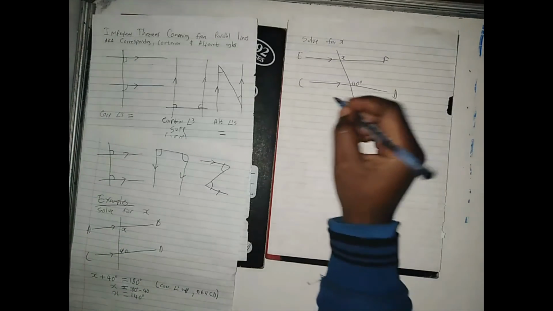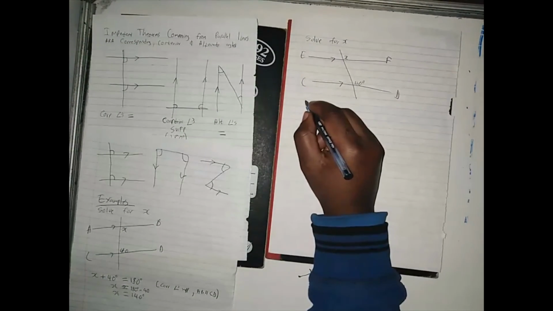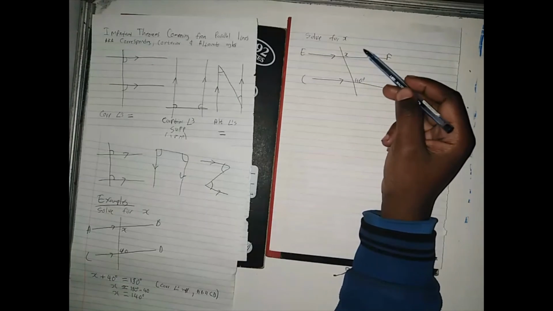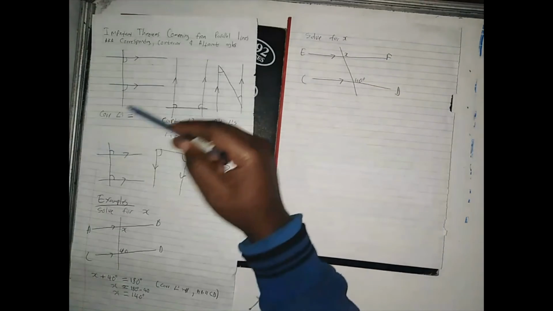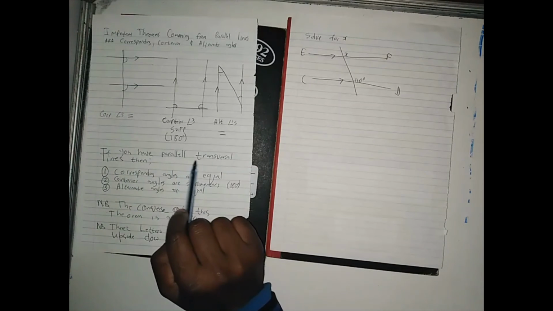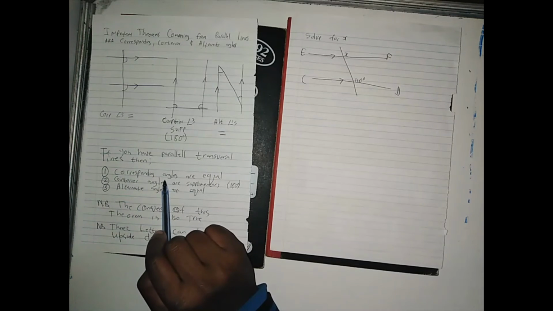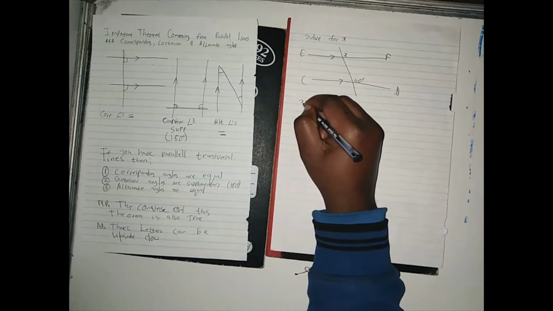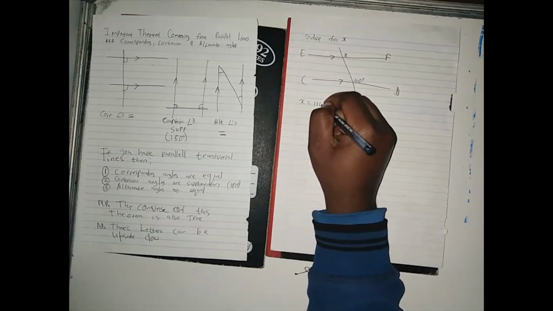So now we are actually met with such a case where this letter is upside down. Because of that, we'll say, okay, now we're going to use corresponding angles. Now what does our theorem say about corresponding angles? It says if you have parallel transversal lines, then corresponding angles are equal. So in this particular case, you're just going to say x is equal to 110 degrees.